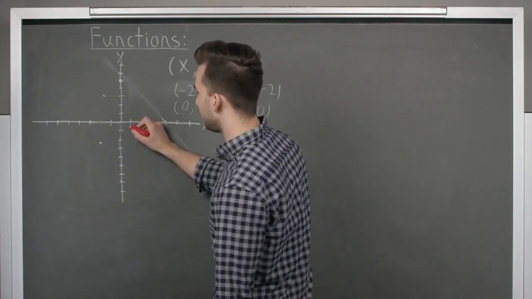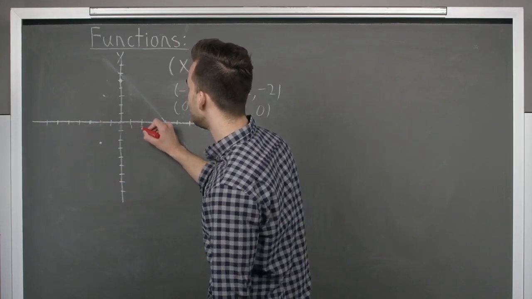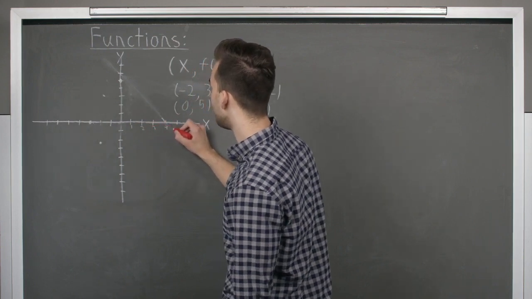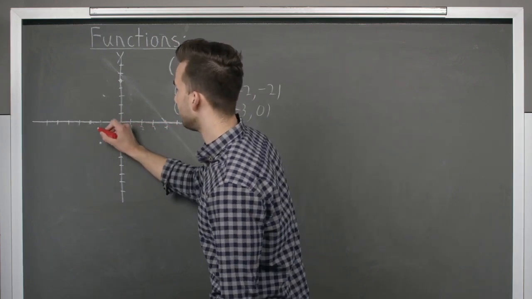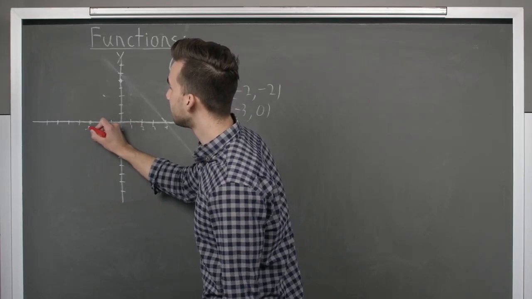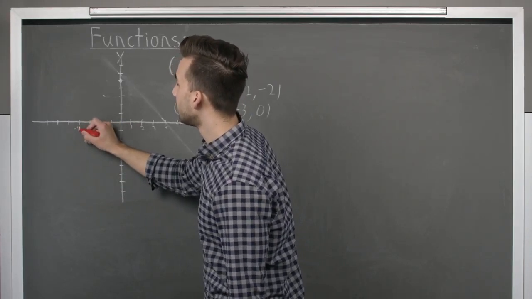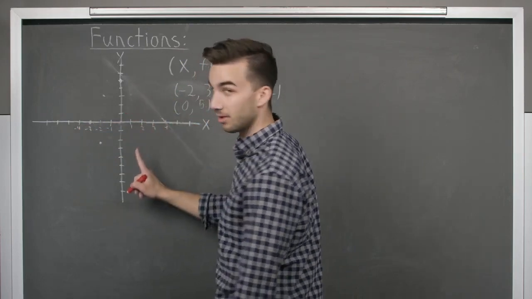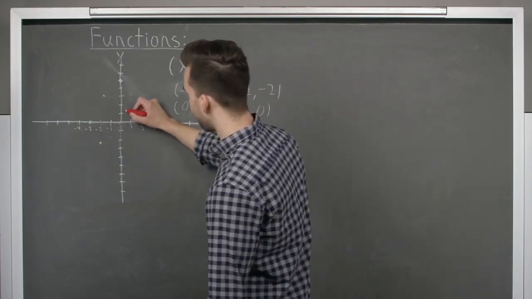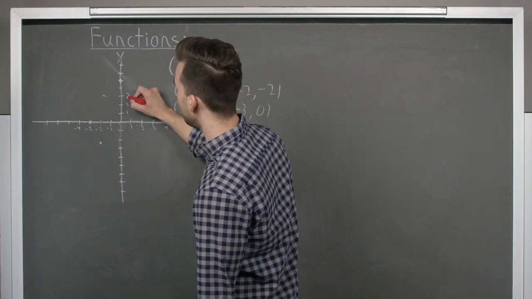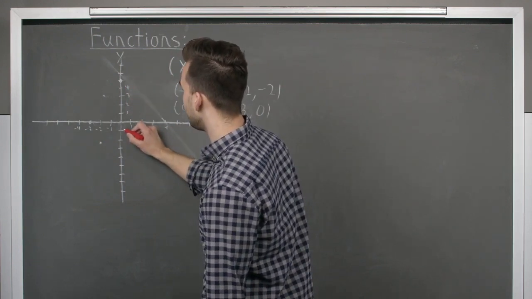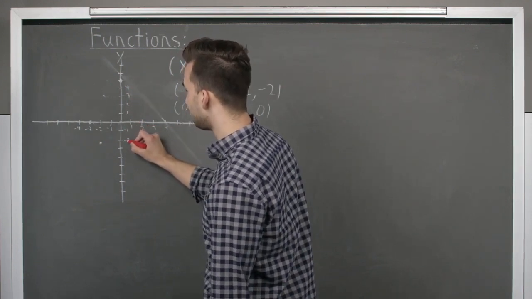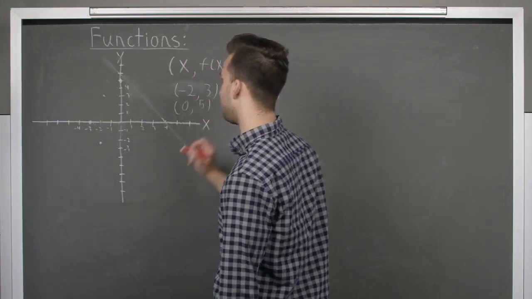So you can think of this as 1, 2, 3, 4, etc. -1, -2, -3, -4. And then for the y is easier because you can just remember y positive goes up, 1, 2, 3, 4, and then down here, -1, -2, -3, etc., all the way down.